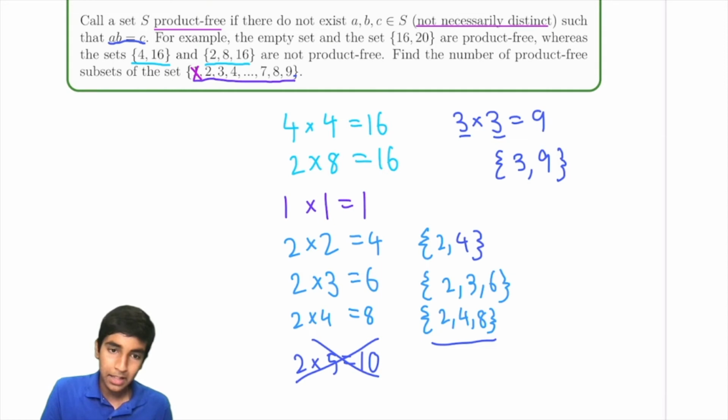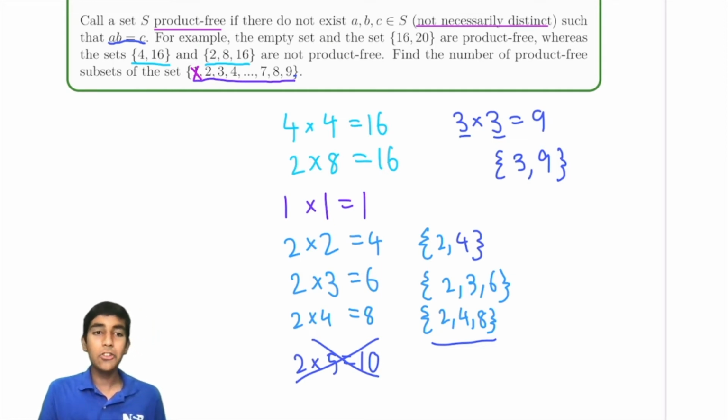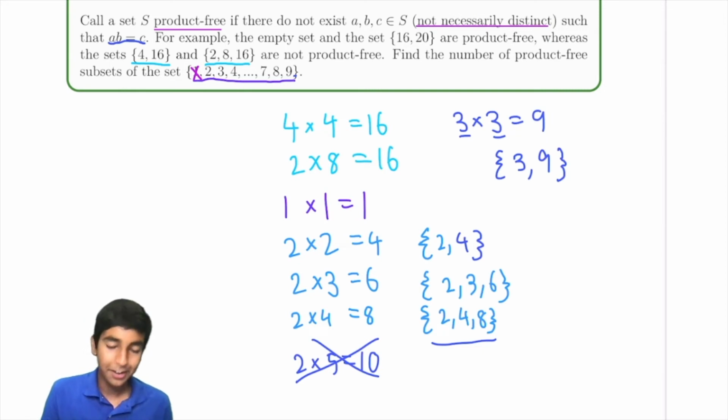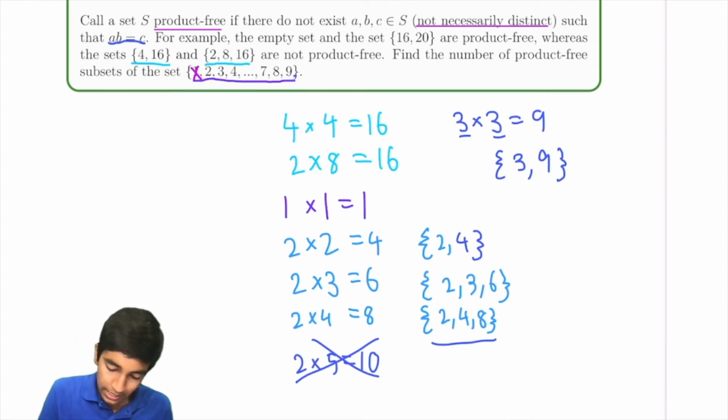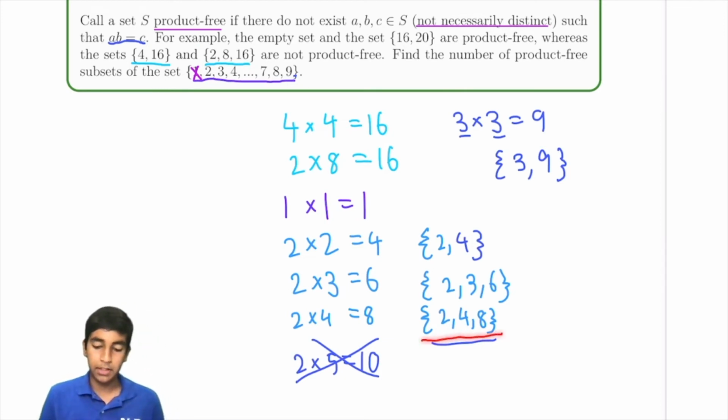So for the subset to be product free, it has to not contain 2, 4. And by not containing 2, 4, this 2, 4, 8 is kind of redundant, because by not having 2 and 4, we automatically don't have this subset over here.